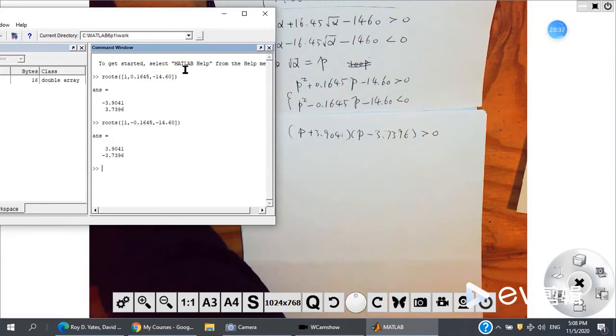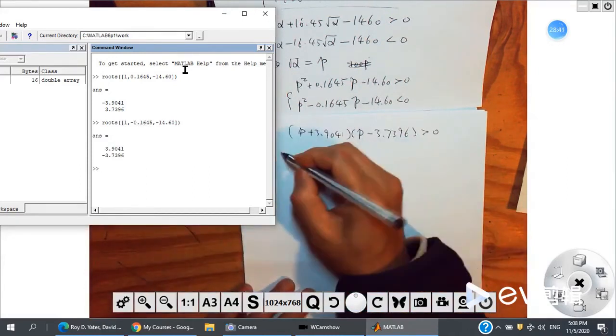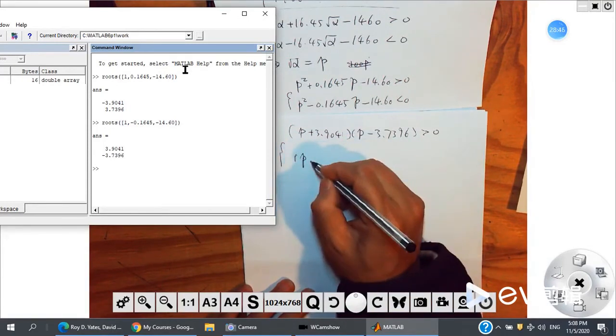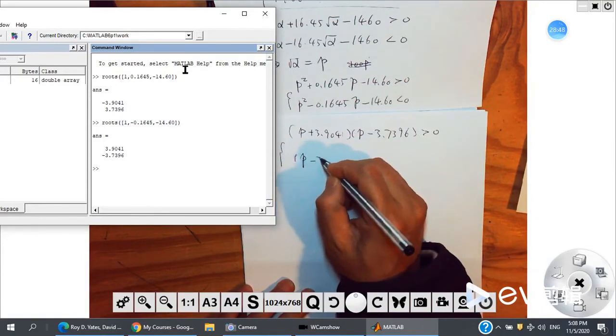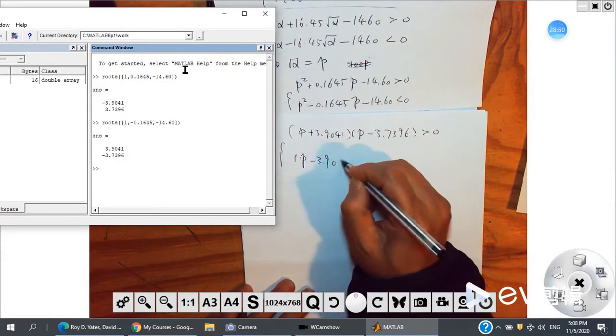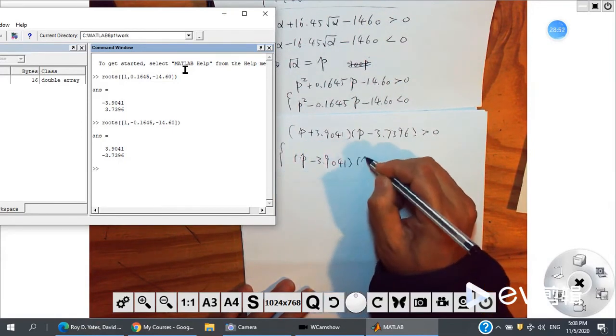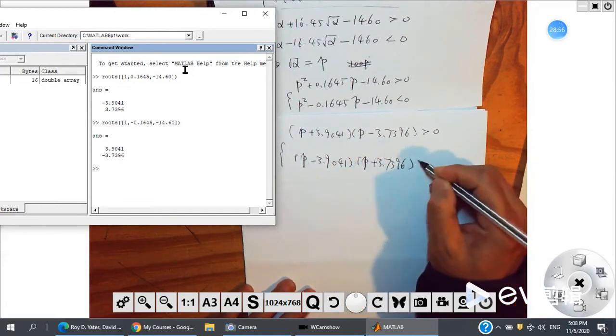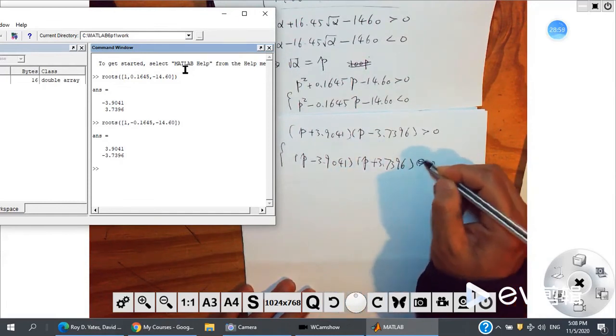We have another set of roots. So I have P minus 3.9041 times P plus 3.7396 smaller than 0. This second one is smaller than 0.